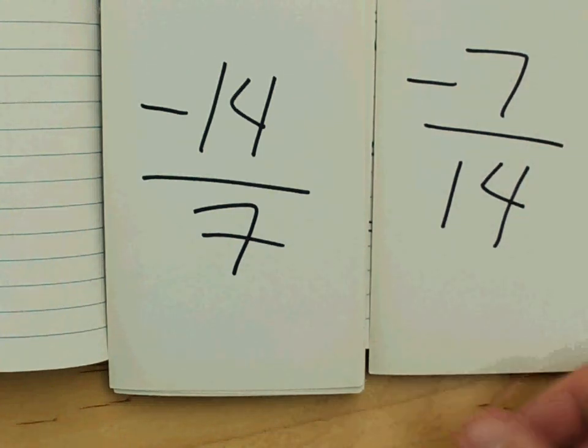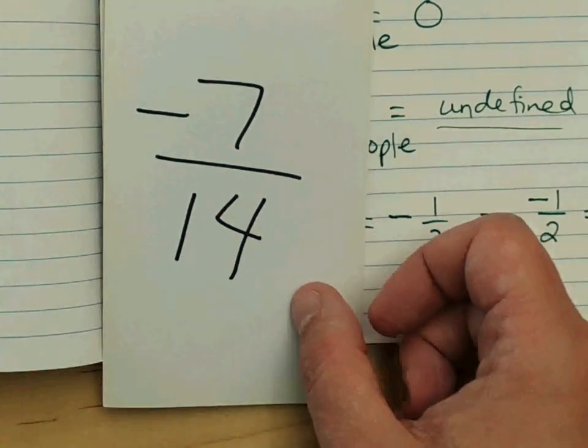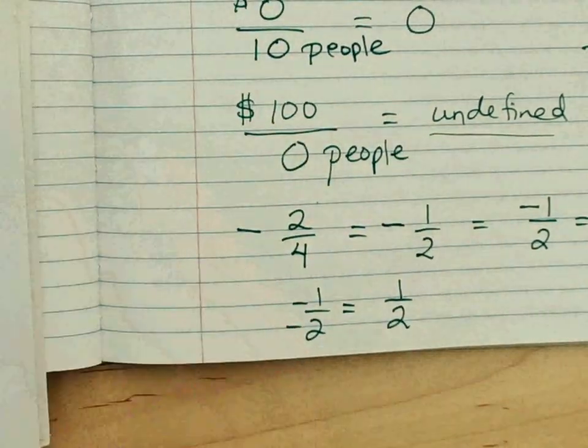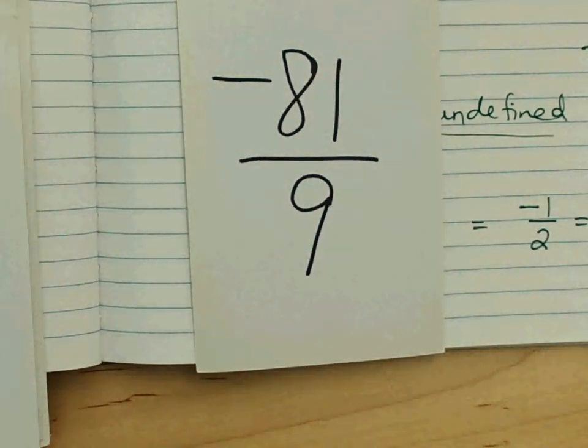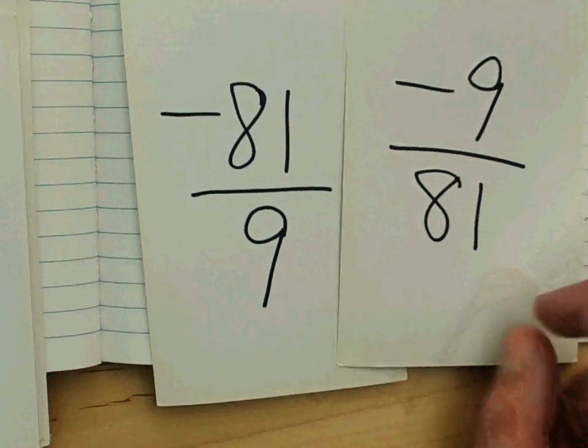What number goes into 7? Reducing. Yes, reducing. Good. Well, a fraction is a division problem, but still the numerator is less than the denominator, so it's a proper fraction. What about this one? This is an improper fraction. Can it be reduced? -9. Good. How is that one different than this one?